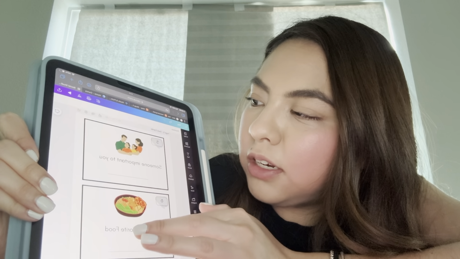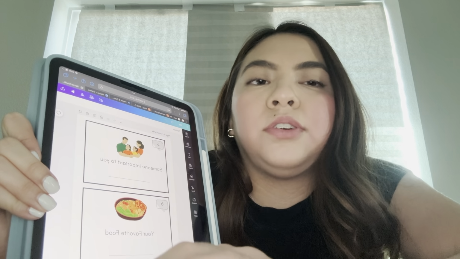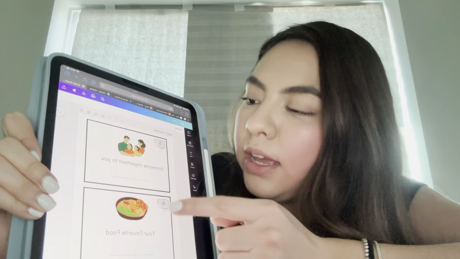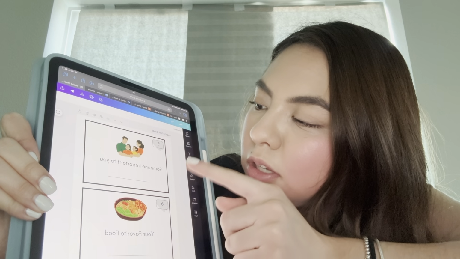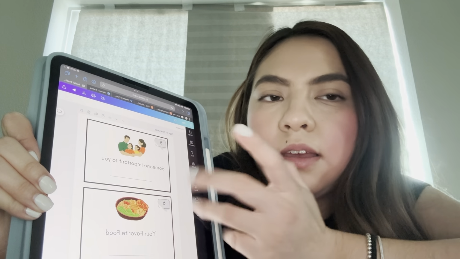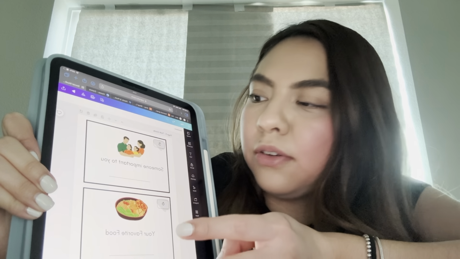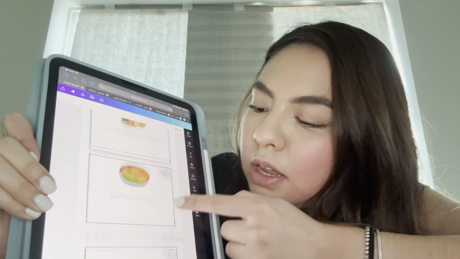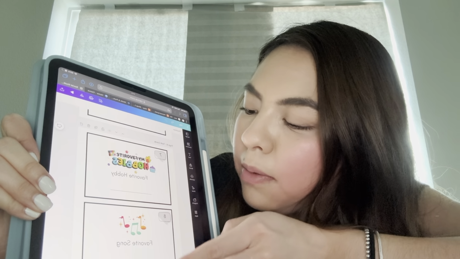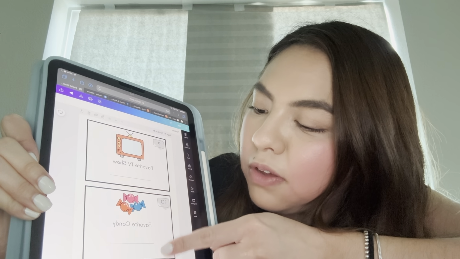Then moving on, there's an activity that will lead into the first activity, which is creating their own flag. It says to someone important to you. They can write their mom, their dad, their grandma, their grandpa, their sister, their brother, and then your favorite food. And then it says favorite hobby, favorite song, favorite TV show, and favorite candy.